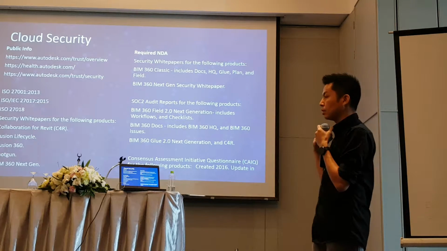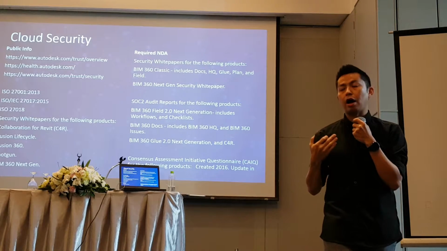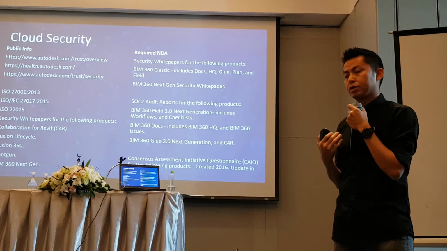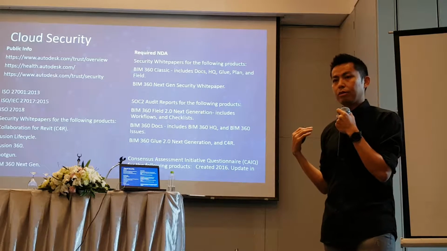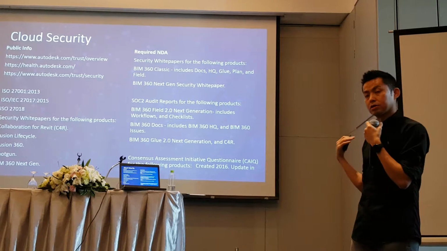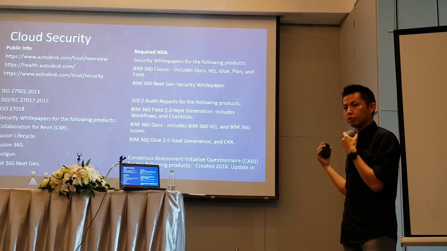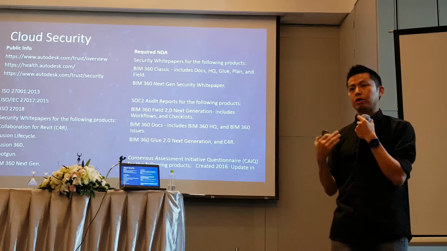Now, we have the backend team that keeps monitoring the speeds and the performance. As of now, the server can still cope with the speed, because for the backend we are using the AWS server, the Amazon server. So at this moment, we are still able to cope with the users throughout the globe.